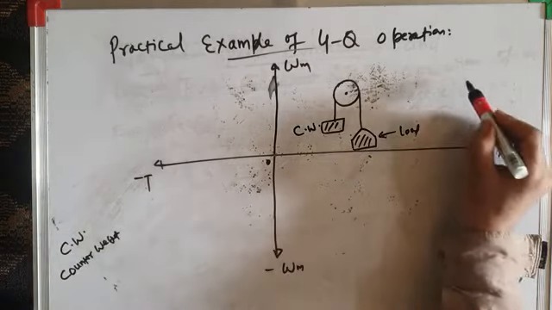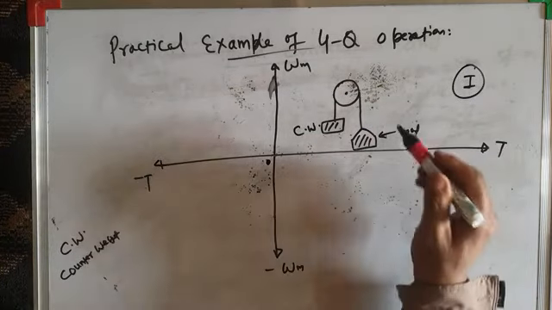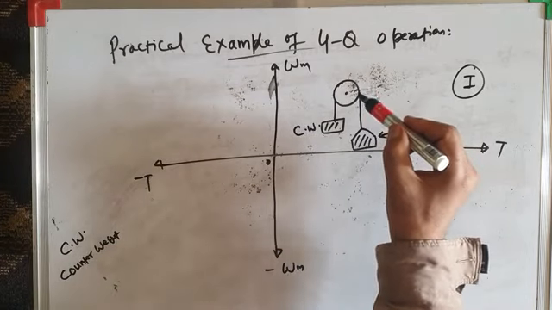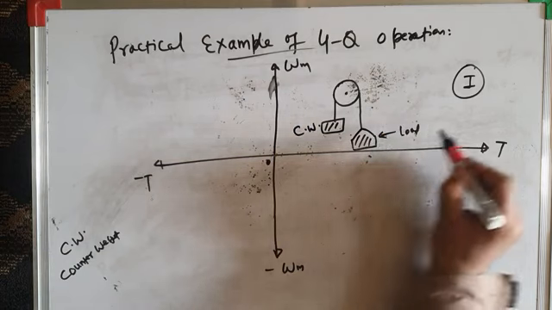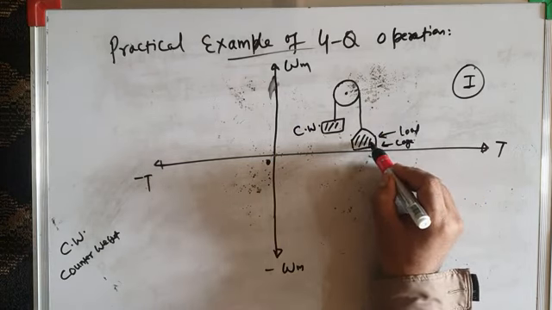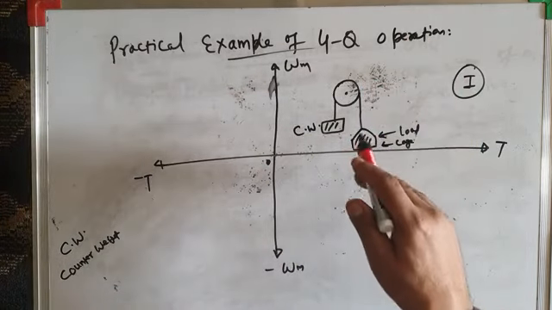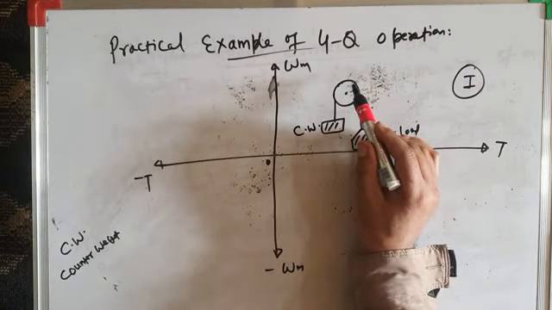Now, your drive is operating in quadrant 1. The objective is to lift this load over a certain height. There is some mechanical load in this cage, and we want to lift it to, say, the 10th floor of the house or 20th floor of the house. We are using this hoist for that purpose.